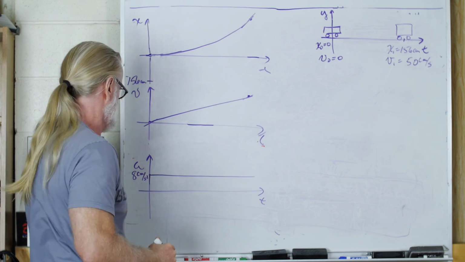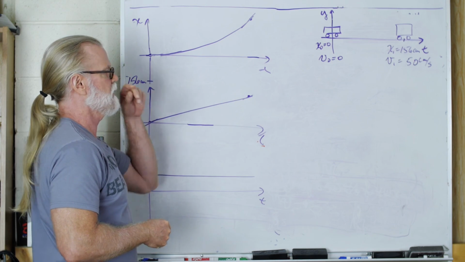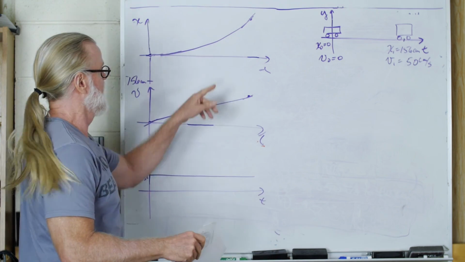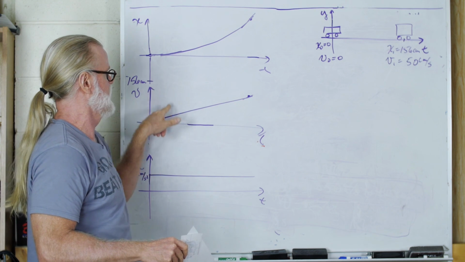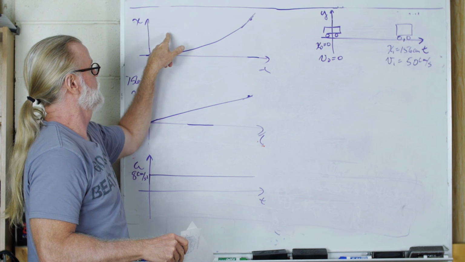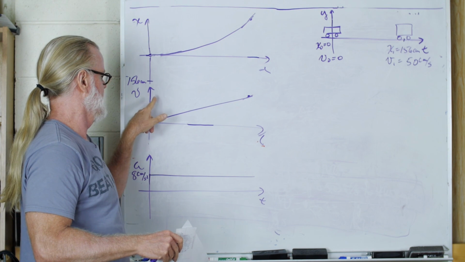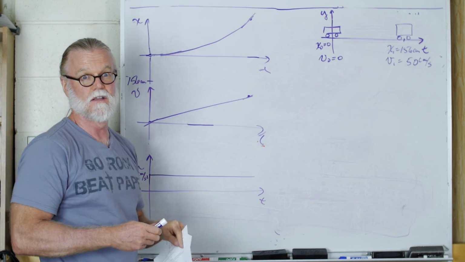And finally, we had our acceleration. All right, that's what our graphs should look like. So hopefully this graphing stuff started to make sense. Always take a look at that and make sure your slopes are right. Make sure the slope for this graph represents what's happening with the velocity at any given point, and the velocity slope represents the acceleration. See you tomorrow.